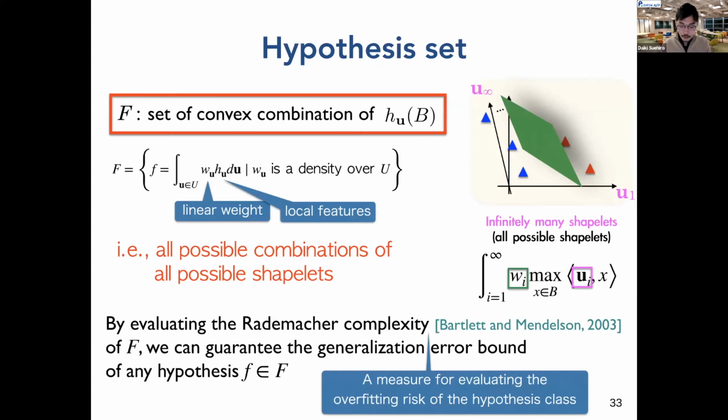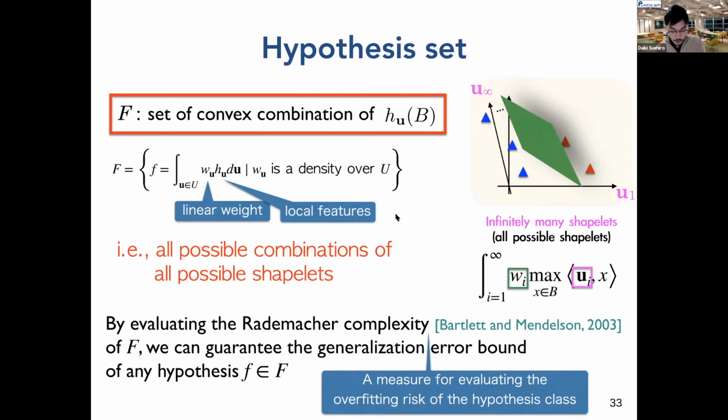And our final hypothesis set is a convex combination of these local features, HU. That is linearly weighted local features. And our hypothesis set is all possible combinations of all possible shapelets, as briefly introduced just before.